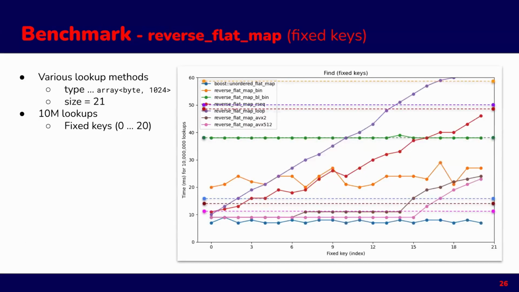When we get back to the benchmark, you can see that the purple one is the simple sequential lookup, and this one is the vectorized one. So you still don't see some constant penalty on the vectorized version, at least in this benchmark.